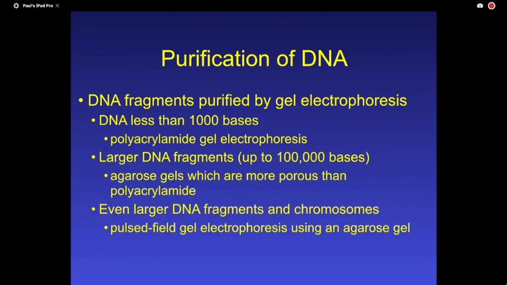For fragments that are less than 1,000 base pairs, you use the polyacrylamide gel. Larger fragments, up to 100,000 base pairs, you can separate by agarose gels. And then there are real strange methods for isolating very large pieces of DNA, including chromosomes. But we usually use agarose or polyacrylamide.